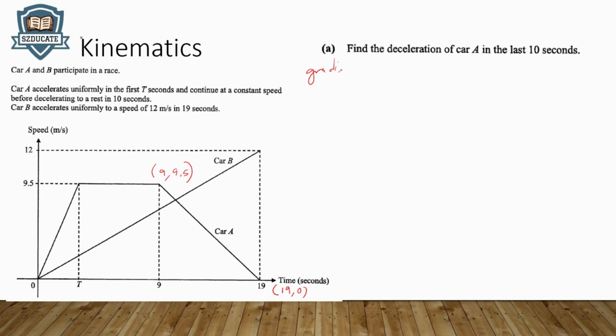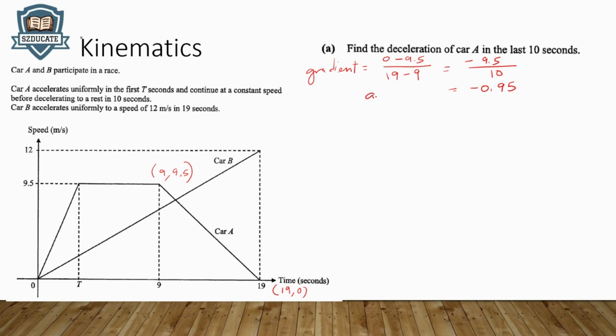So gradient is equal to, remember, y2 minus y1 over x2 minus x1. I'm going to take 0 minus 9.5 over 19 minus 9. I'm going to get negative 9.5 on top, and below, I'm just going to get 10. It'll just be negative 0.95.